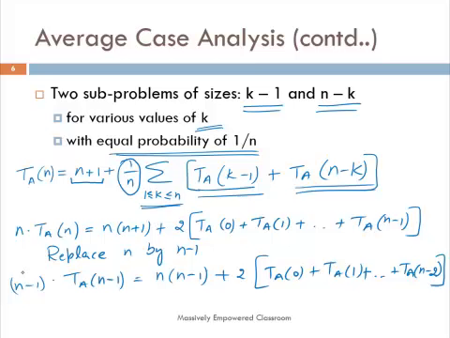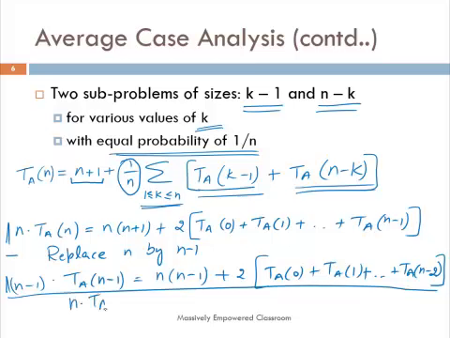Now we subtract this from this. Right? So when we subtract those two, we get n times T_a(n) minus n minus 1 times T_a(n minus 1) is equal to 2n plus 2 times T_a(n minus 1).